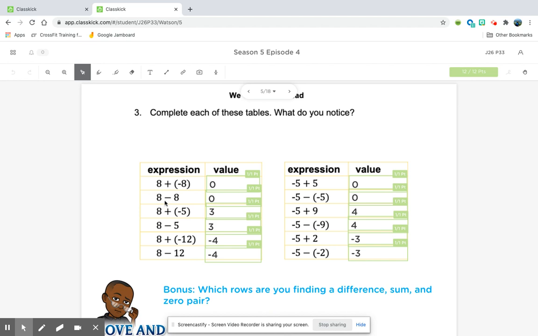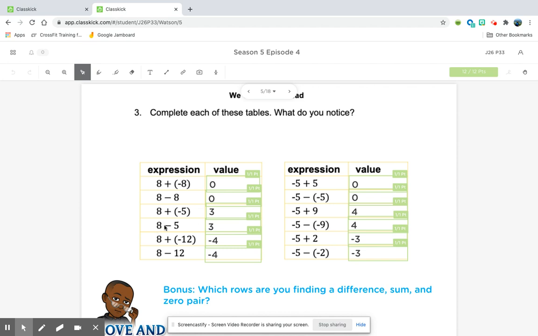And so on this last activity, what did we do? So 8 minus 8 was the same as 8 plus -8. So you keep the first number the same, you change subtraction to addition, and then you, boom, turn the second number into its opposite.